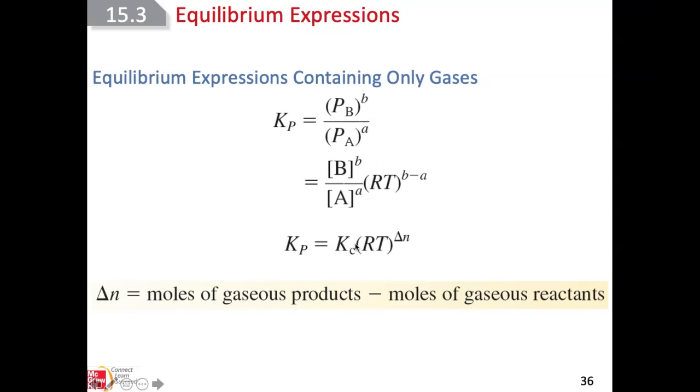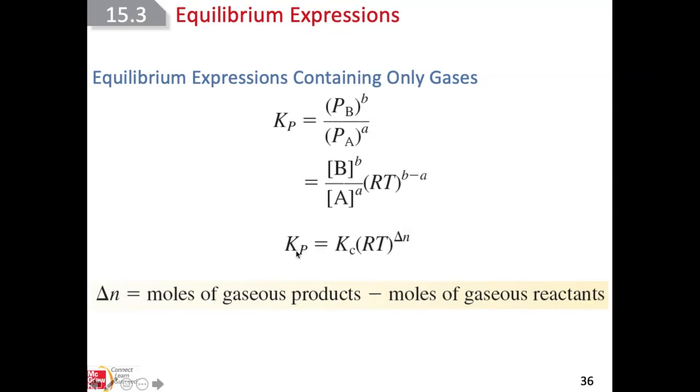And really, if you want to find Kp from the Kc, you have to take Kc and multiply by R and T, the gas constant and the temperature in Kelvin, raised to the power of delta n. Delta n is the moles of the product minus moles of the reactant, and then you will get the value for Kp.